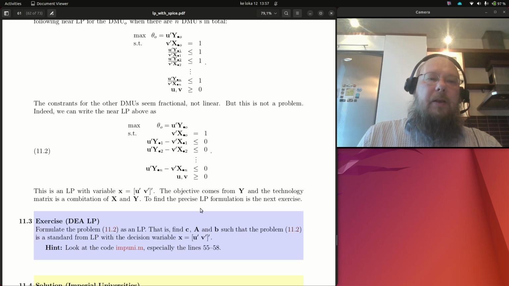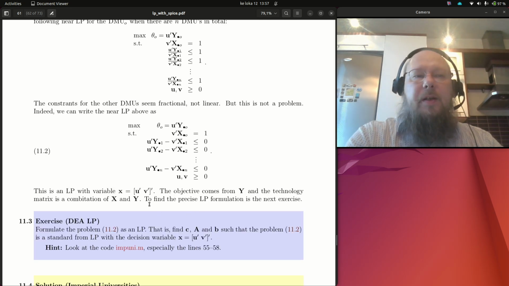And that's actually an exercise for you. Exercise 11.3 is called DALP. So consider this very weird looking optimization problem. You should formulate this as a standard form LP.